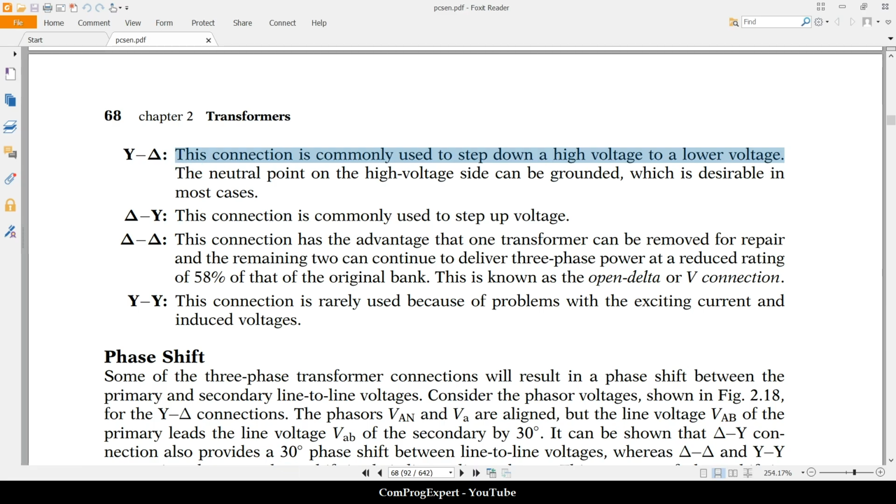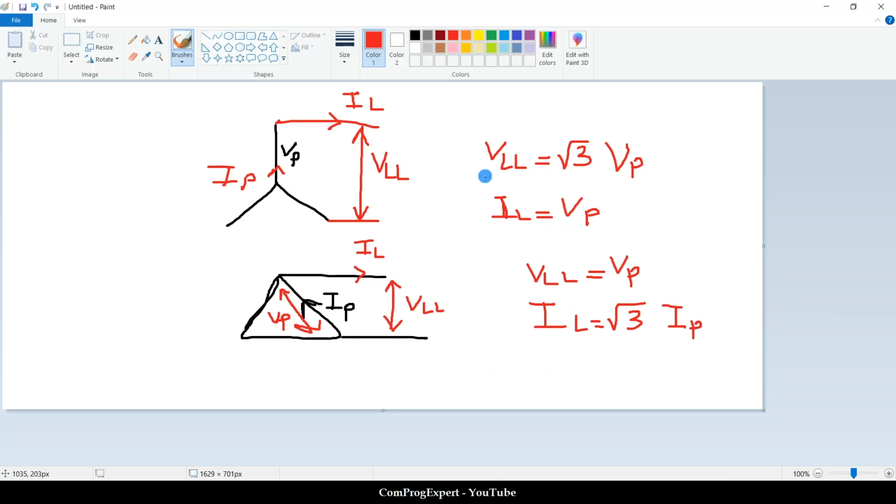Yes, here, because we have this equation, when we have a coil that can tolerate V phase, the value of the line-to-line voltage will be equal to square root of 3 times V phase. So we can have a higher line-to-line voltage.